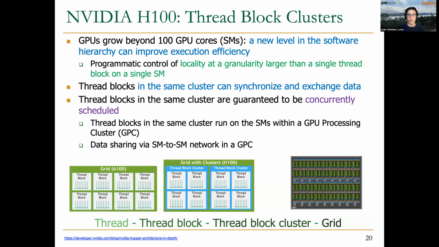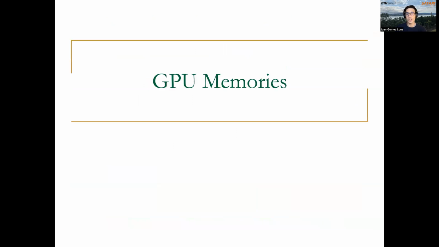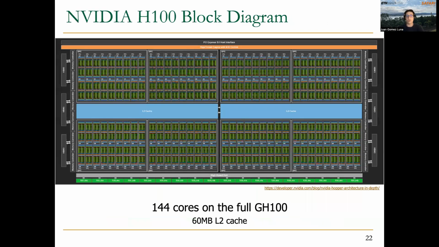After this refresh on the GPU software hierarchy, let's go and talk about the GPU memories. Remember the floor plan of any NVIDIA GPU, in particular this one, the H100. Remember as well that here we observe the GPU cores.